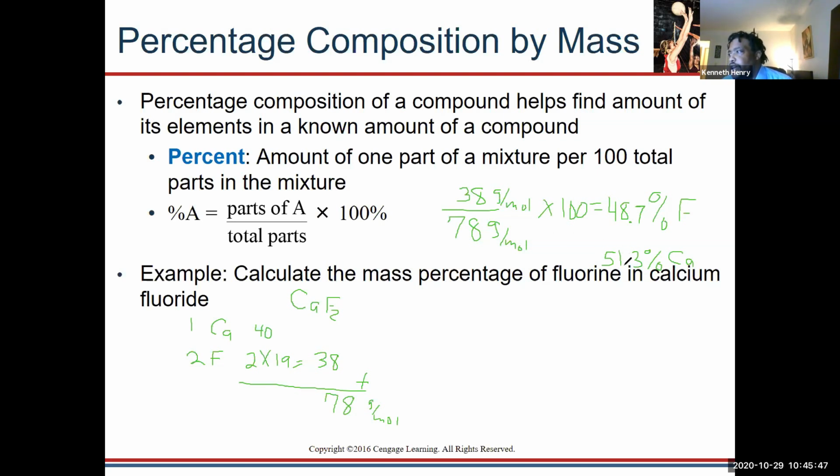If we wanted to verify that, we could do it the same way: 40 divided by 78, times 100, and that should give us the same number. Or we could just subtract from 100. Okay. Simple? Yes.